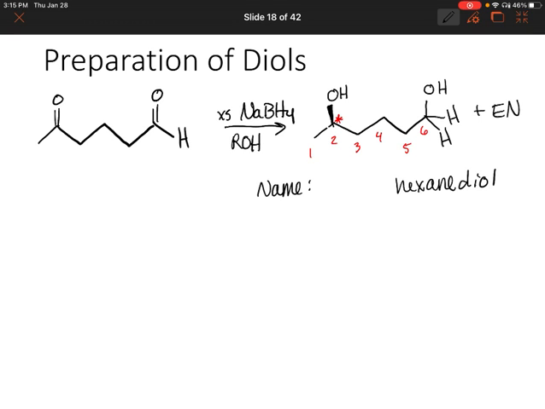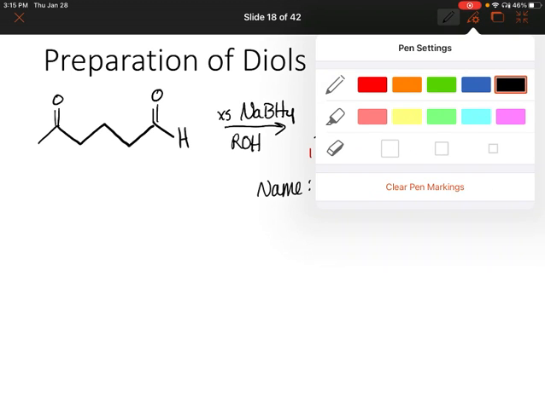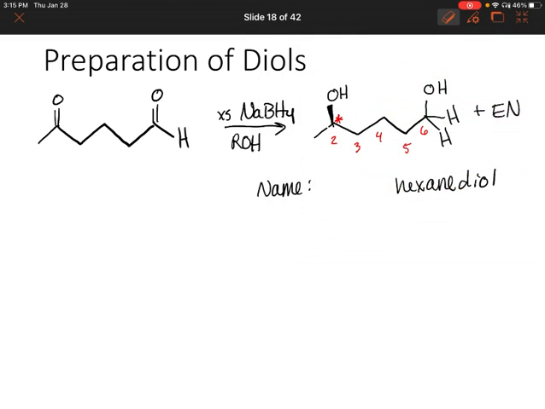And then I numbered going from left to right, but we want our alcohol groups to have the smallest numbers possible. Is there a different way that we could number this chain so that they have the smallest numbers possible? Yes, we can number from right to left. Because the way I have it numbered now, it would be 2,6-hexane diol, but we can actually make our numbers even smaller by numbering from right to left.